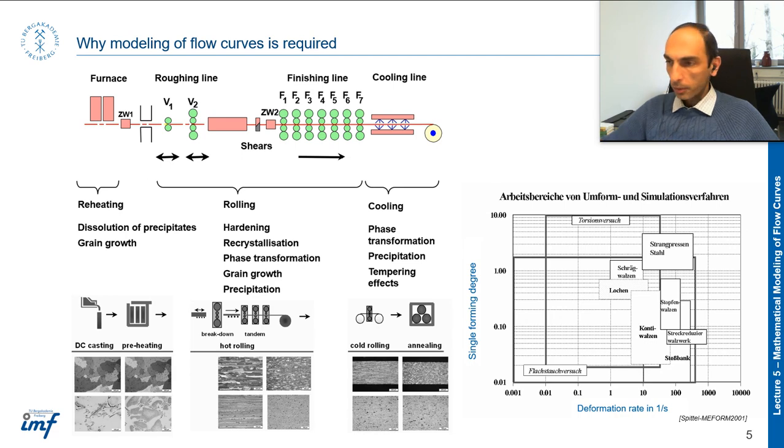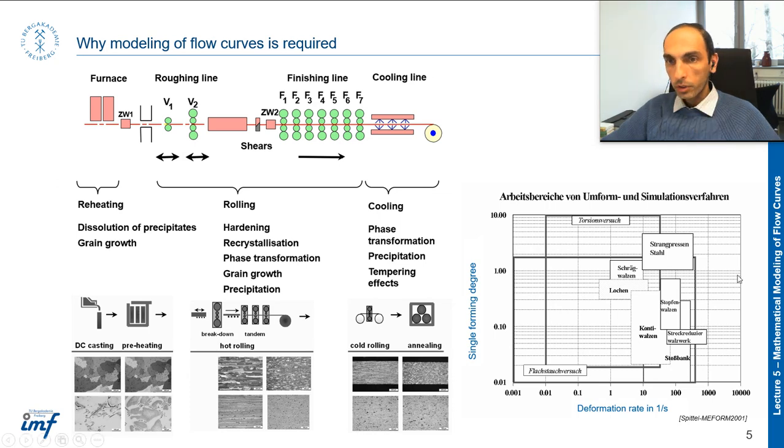Besides the temperature, you have a strain rate, which plays an important role on flow stress. In this figure, you can see each metal forming process has a special range of strain rate or deformation rate by itself. Okay. So this figure I had to translate it to English, but okay.